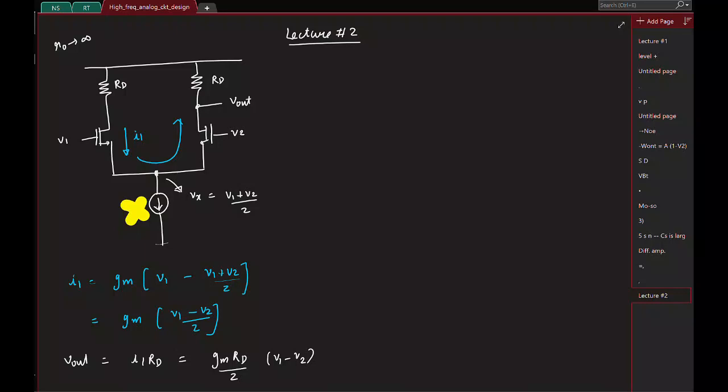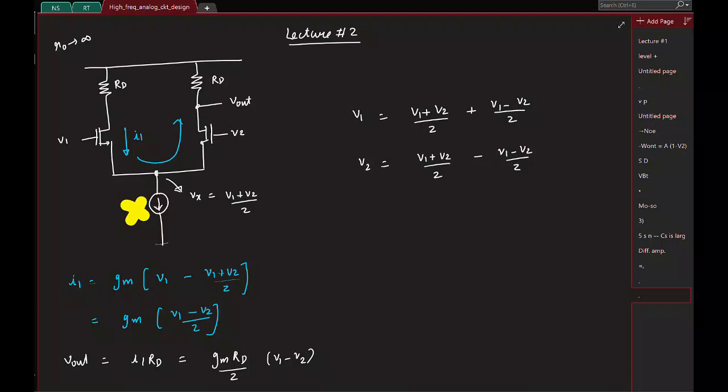Great. And I'm sure you might be familiar that if you have any two voltages, you can decompose them in this form: (V1 plus V2) by 2 plus (V1 minus V2) by 2. And how will I write the next one? Minus (V1 minus V2) by 2, it's simple algebra.